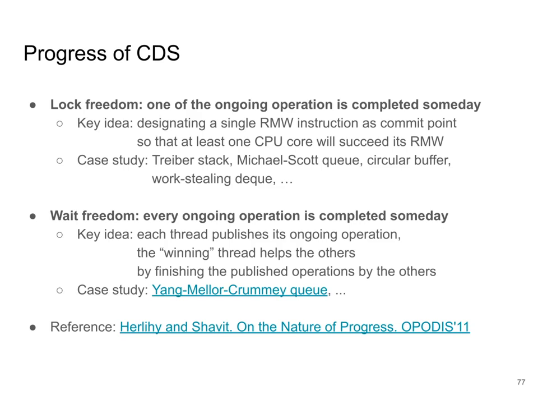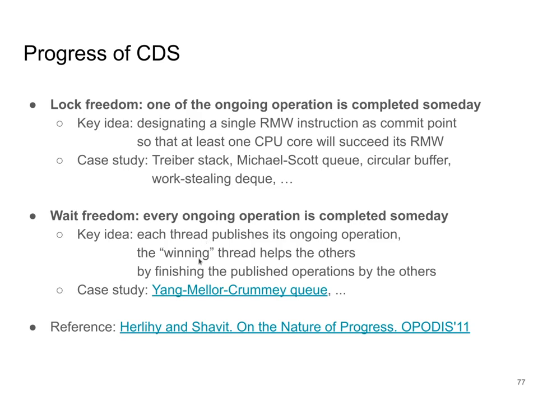Usually, lock freedom means that there is a winning thread that wins the race and succeeds in the RMW instruction. So the winner is going to take charge of doing the other threads' operations. That is what is meant by wait freedom.